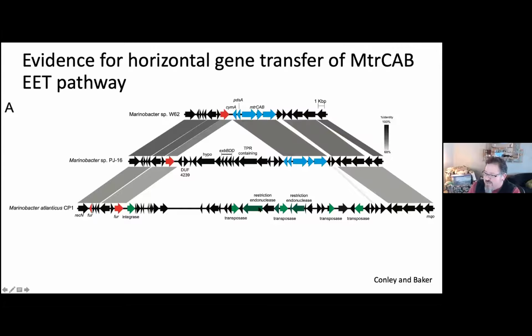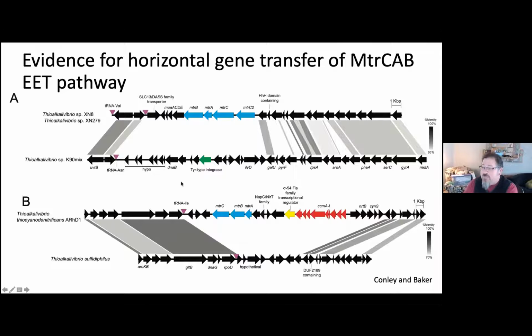So you've got a bunch of these annotated transposases and integrases and nucleases. So this is a region of the CP1 genome that is probably changing. And our guess is that this strain probably lost this capacity over time.